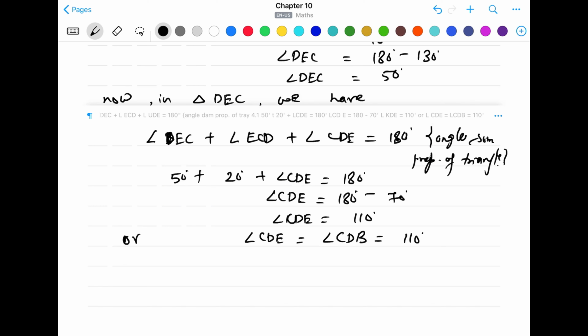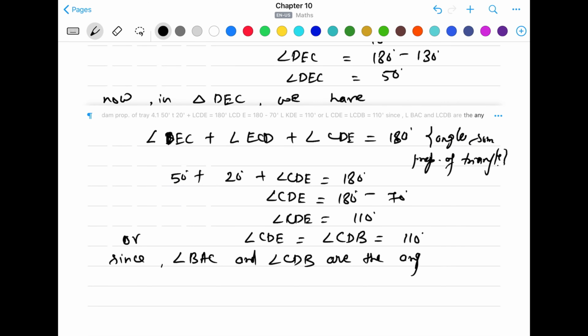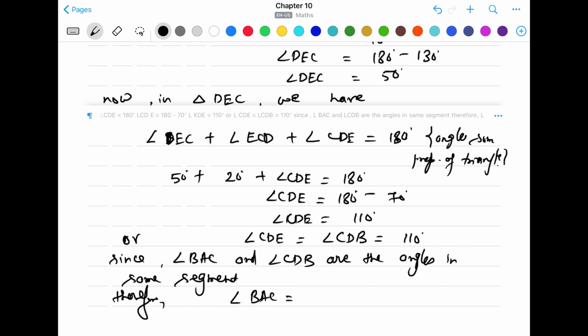Now we can say that since angle BAC and angle CDB are angles in the same segment, therefore angle BAC will be equal to angle CDB, which is 110 degrees.